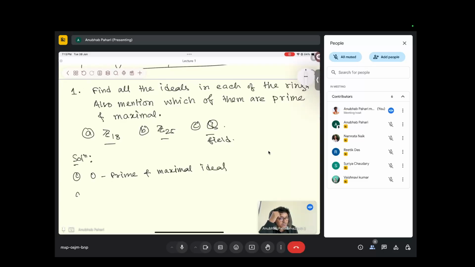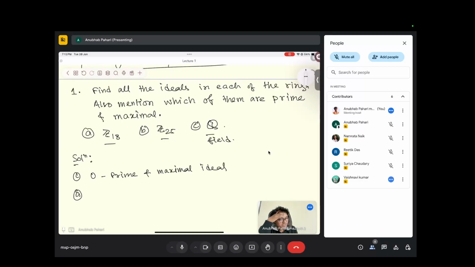Coming to A, first we have to see which are the proper subgroups. We can just think about the multiples of a number.